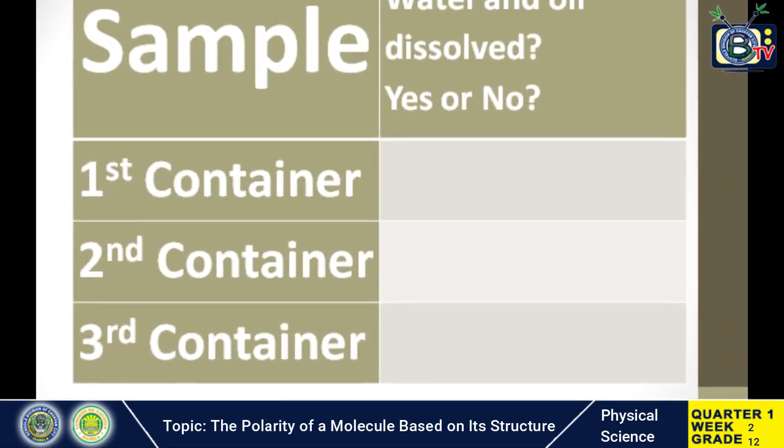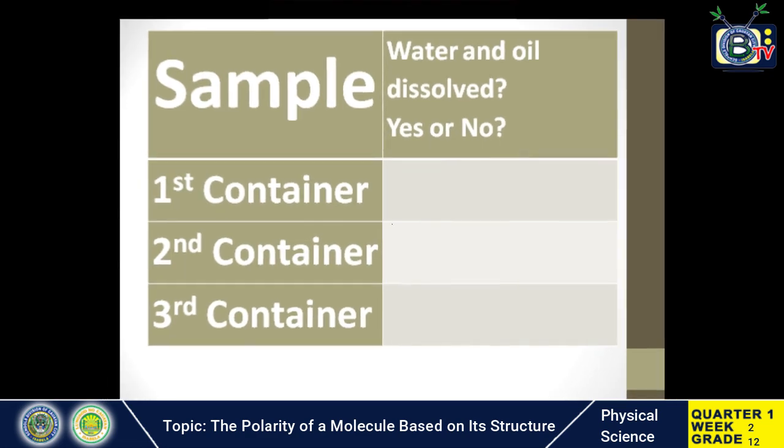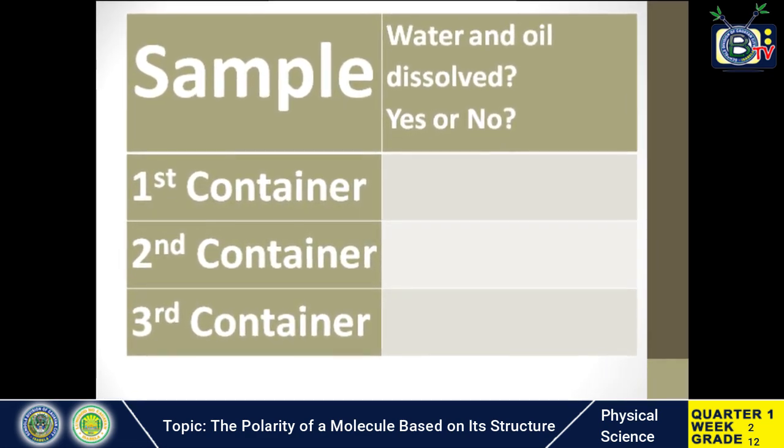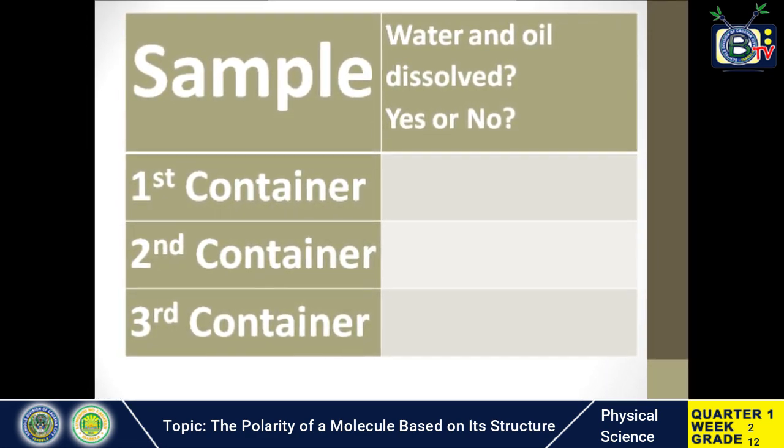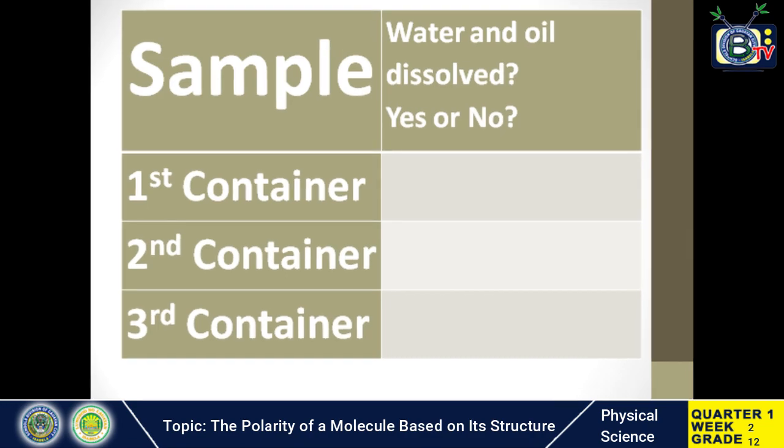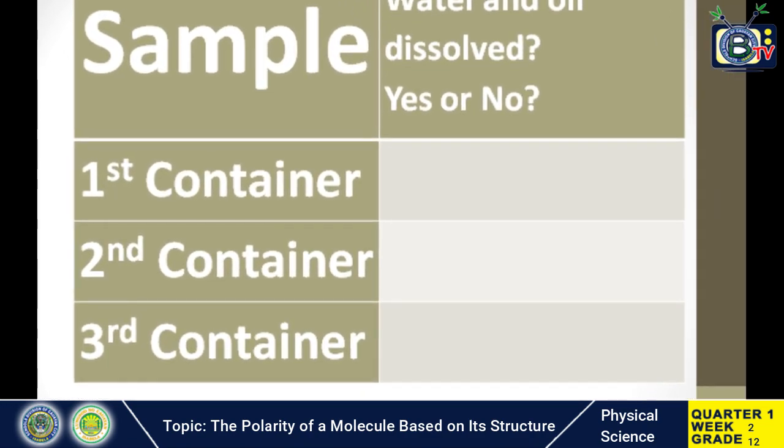Here is the table of results based on the experiment. First container, water and oil dissolve? Yes or no? No. Second container, water and oil dissolve? No. And for the last container, water and oil dissolve? No.